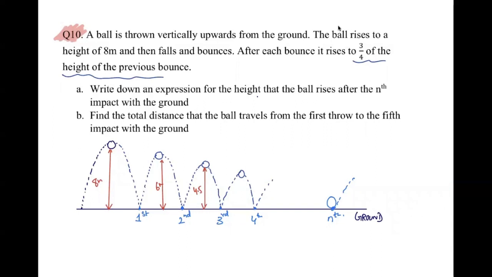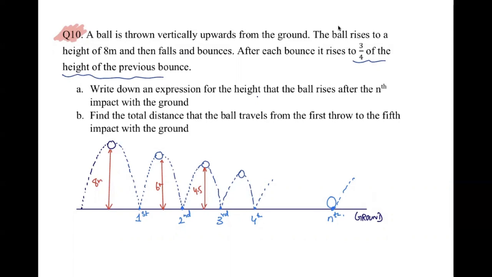Now, by looking at the numbers or by reading the question, what idea does the question give to you? Is it going to be an arithmetic progression or a geometric progression? Arithmetic.